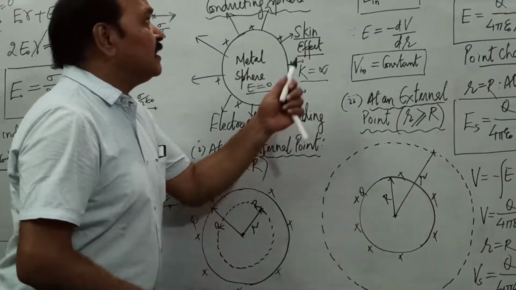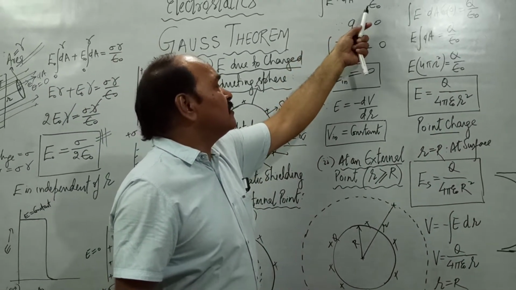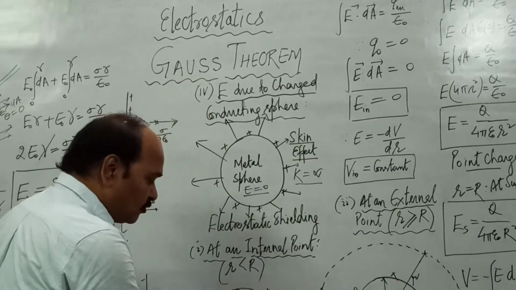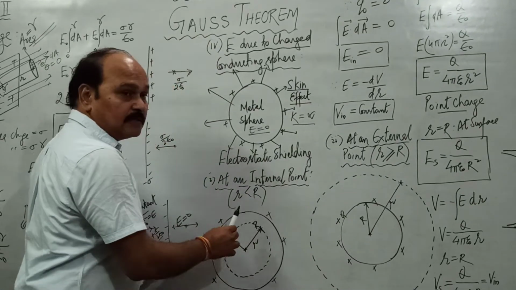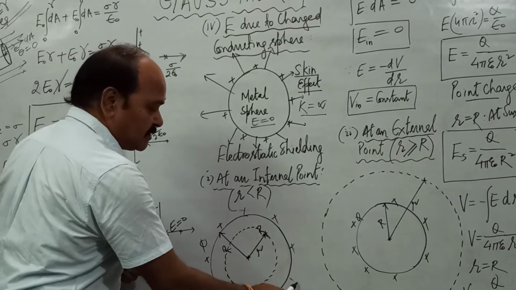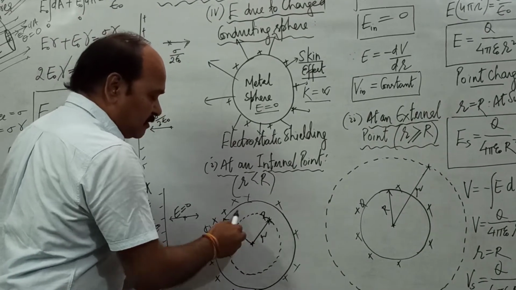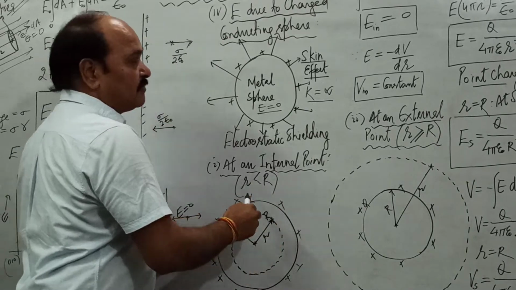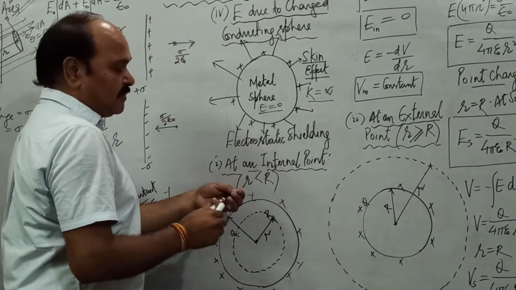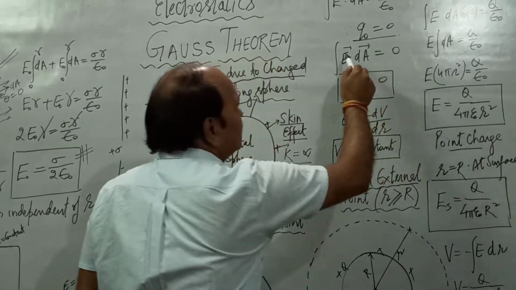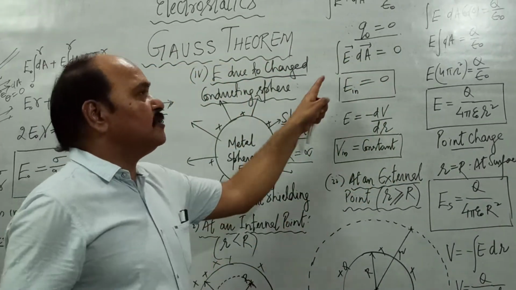The surface integral of E dot dA is equal to charge enclosed upon permittivity of free space, and since charge always resides over the outer surface, there is no charge inside the conductor. Therefore, the net charge inside this Gaussian surface, which is drawn inside the sphere, would be 0. Therefore the surface integral of E dot dA would be 0.